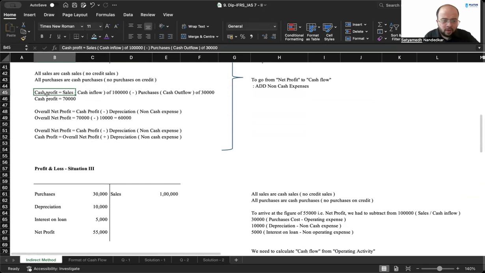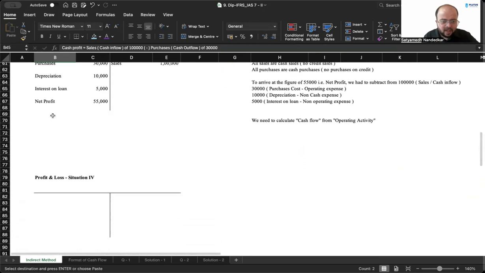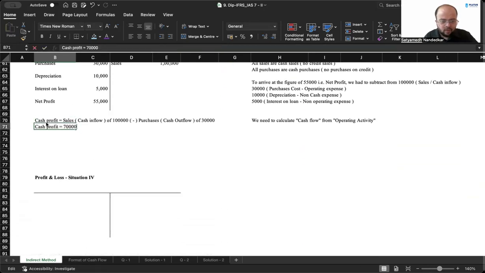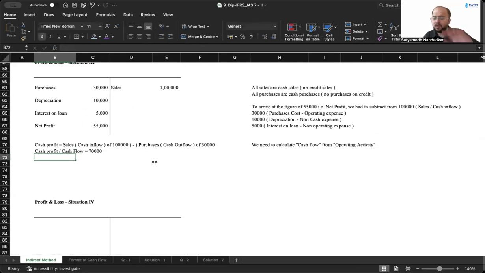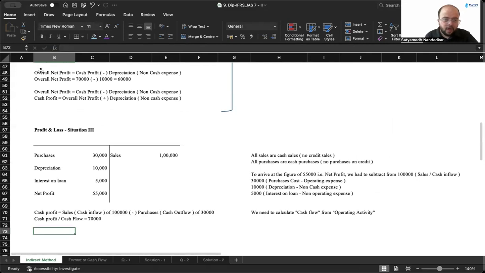Where do you need to go? You need to arrive at the cash profit or cash flow of 70,000. You are standing at the net profit of 55,000 and you need to arrive at the total amount of cash generated. How will you do it? To this net profit, observe one more thing now.